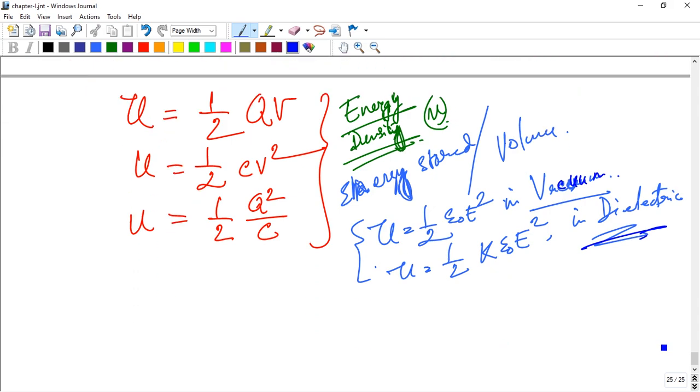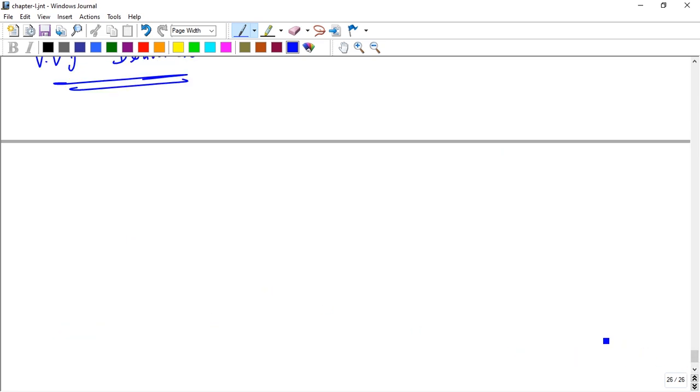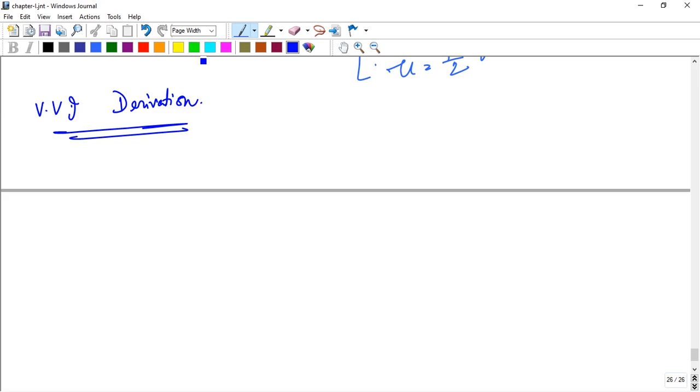Okay, so now the summary of the class. You must know the derivations for the exam, very important for the board exam actually.